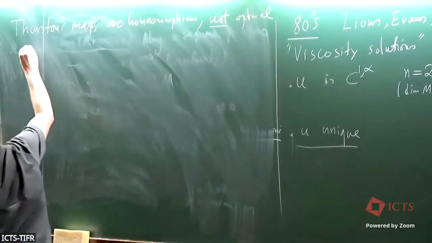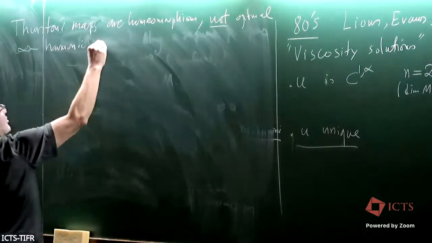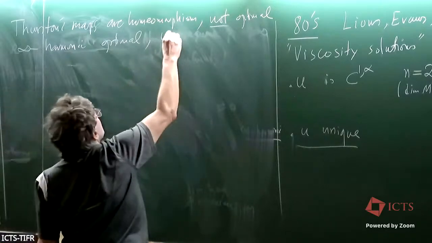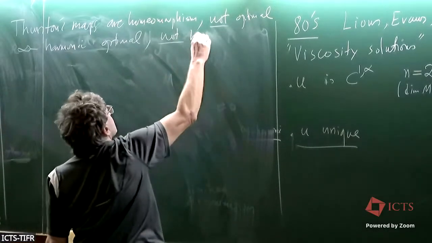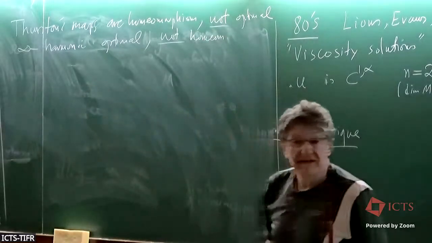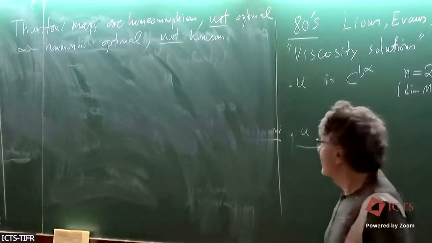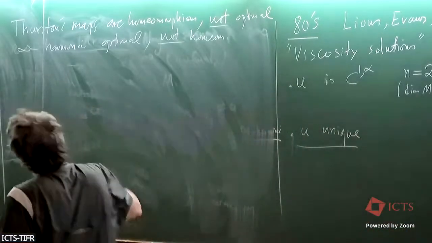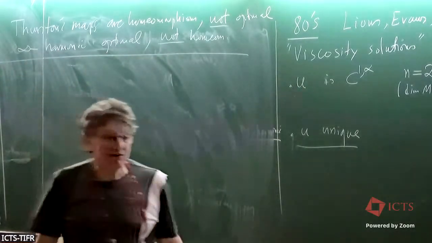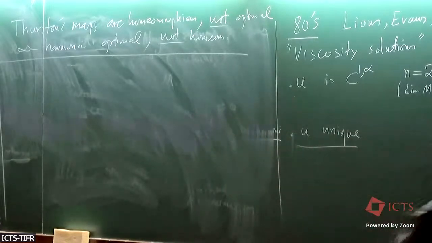Our infinity harmonic maps are optimal, but not homeomorphisms. And I don't think you can have both. Question? Oh, okay. So this is where the theory diverges from Thurston's, because the maps are quite different.